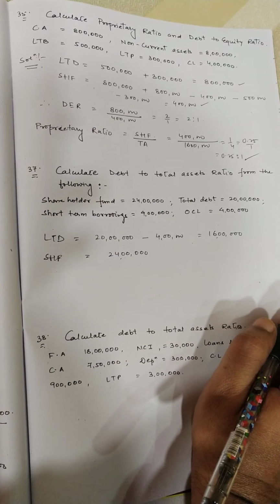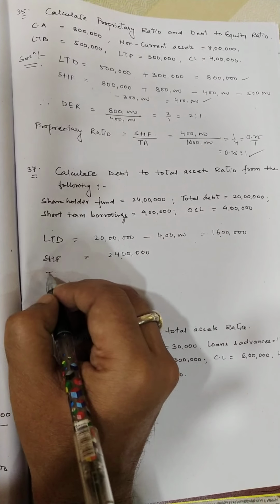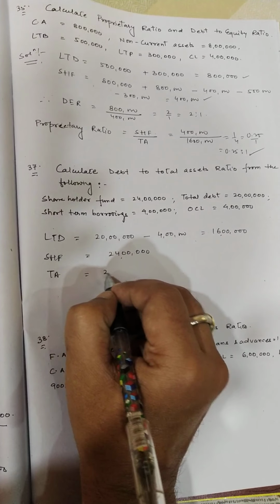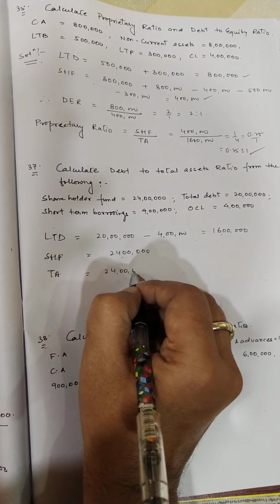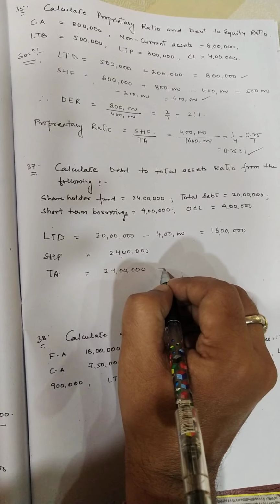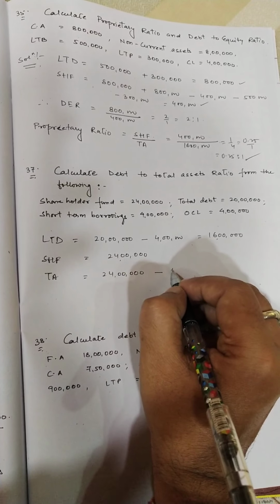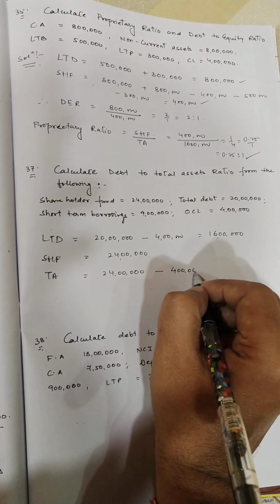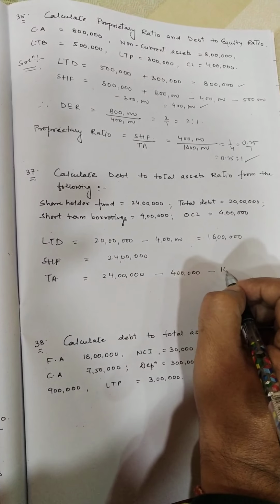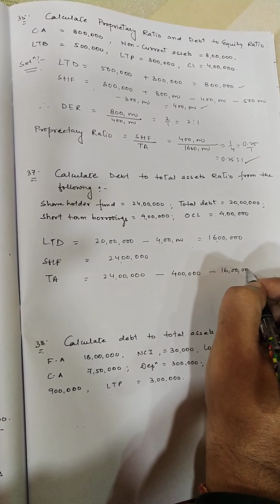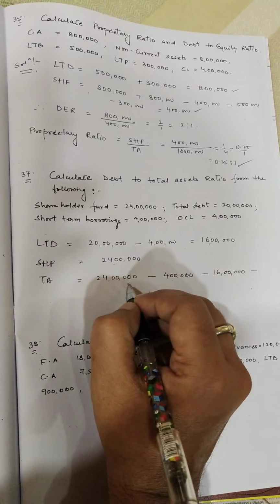Clear? So from SHF we can find the total assets. Total assets is SHF plus current liability, long-term debt and short-term borrowings.